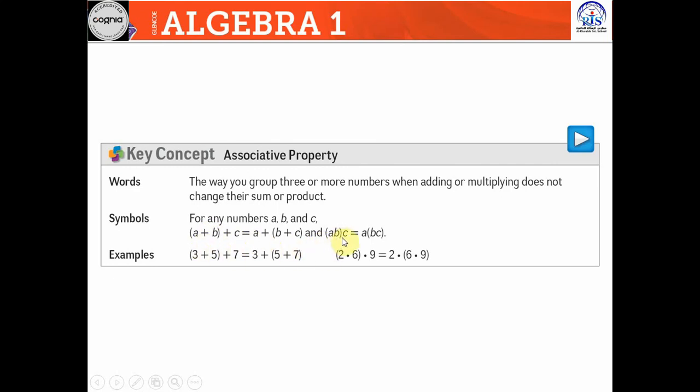A times B times C, I can say A times, between the brackets, B times C. 3 plus 5 plus 7, I can say 3 plus, between the brackets, 5 plus 7. 2 times 6 times 9, I can say equals 2 times, between the brackets, 6 times 9. So associative property and commutative property I can use in addition and multiplication.